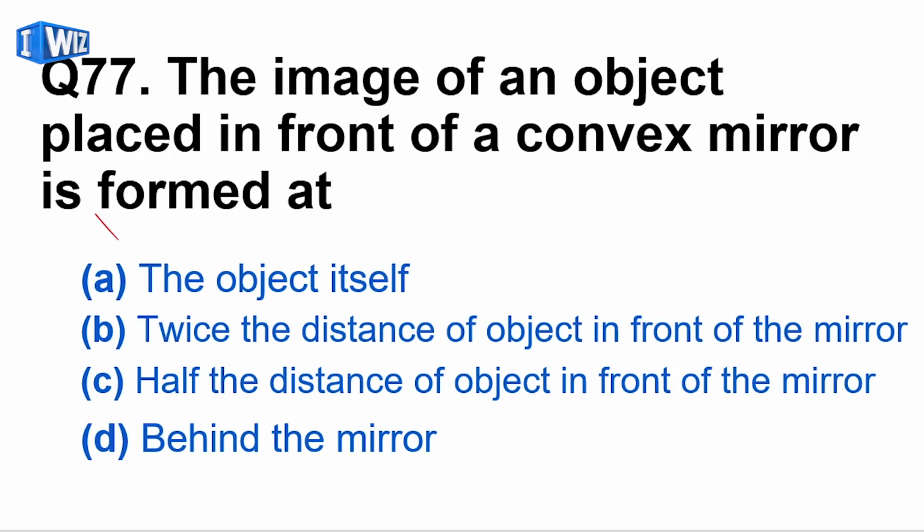When an object is placed very close to, or in front of, a convex mirror, there are two cases of convex mirror, as I already told you. In that case, where is the image always formed? Behind the mirror, because it forms a virtual image, so it will form behind the mirror.